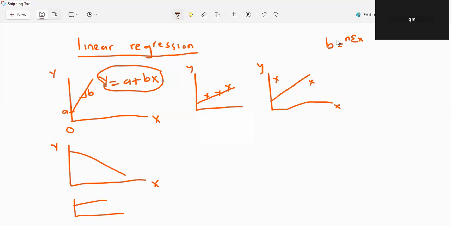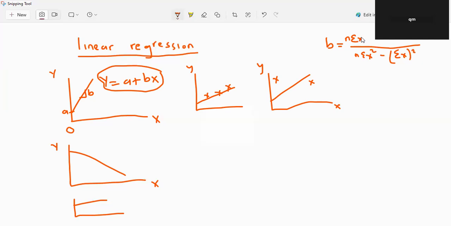Summation of x means you total up the x column. Then below we have n summation of x squared minus summation of x to the power 2.